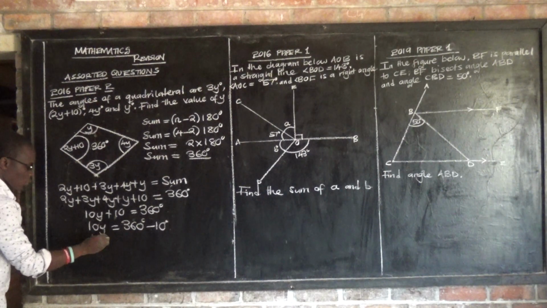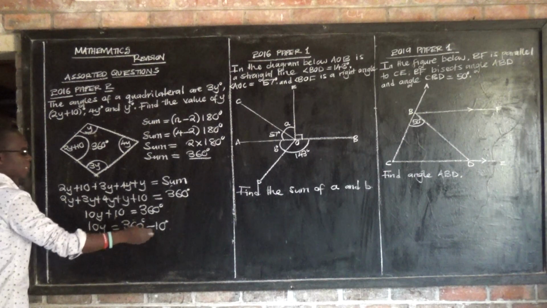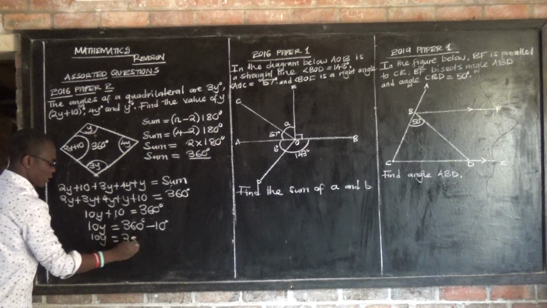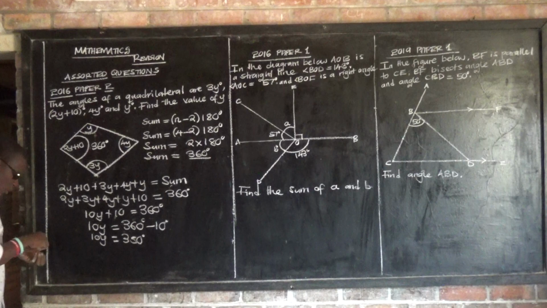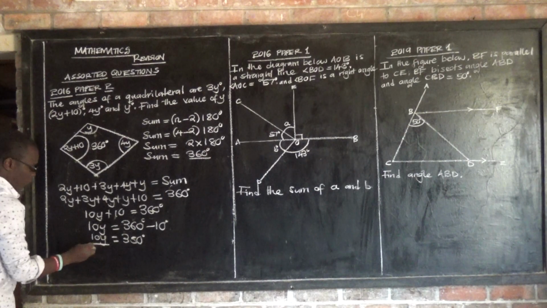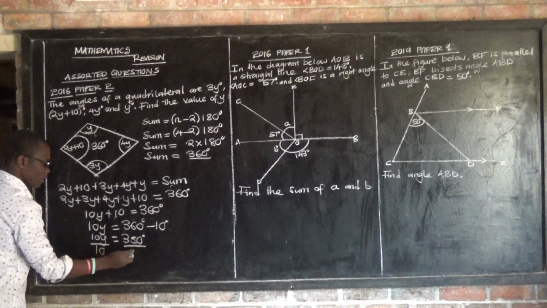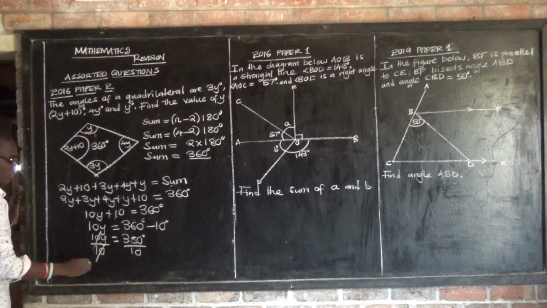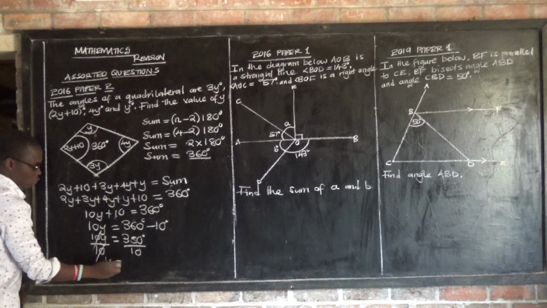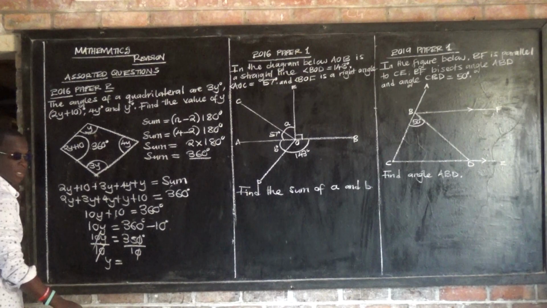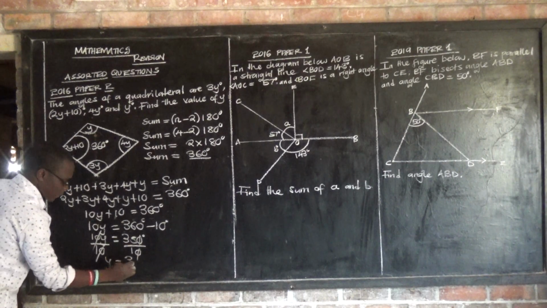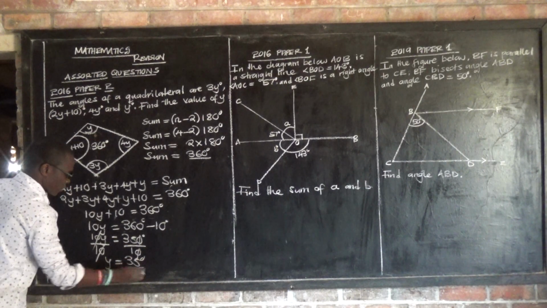So 10y is equal to 360 minus 10. You get 350. For us to remain with y, divide both sides by 10. These two zeros go. So y is equal to 1 into 35, you get 35 degrees as the value of y.